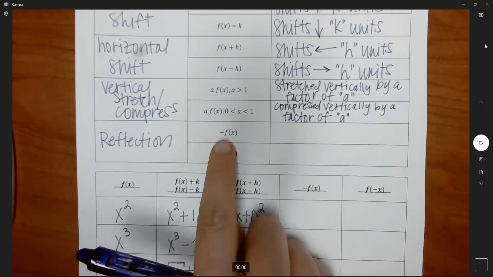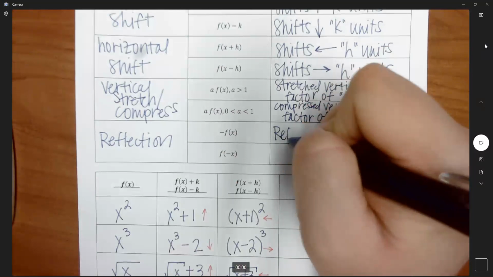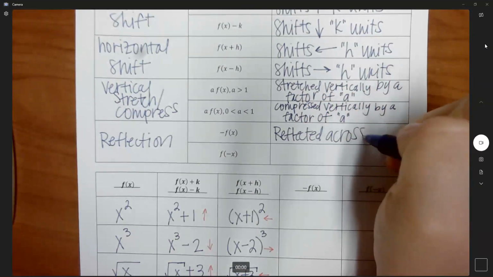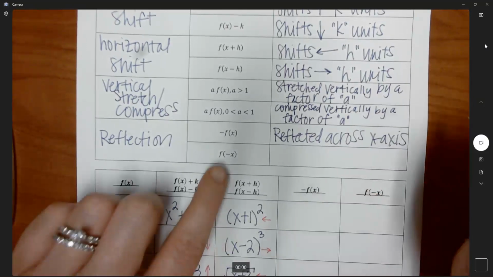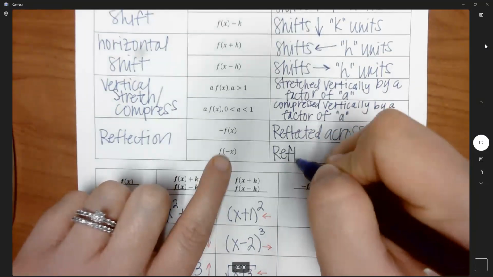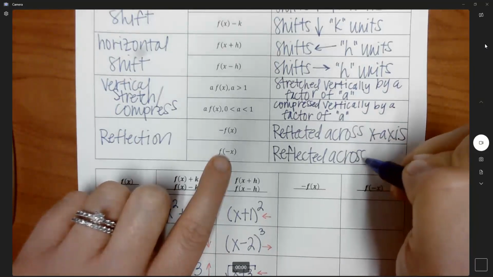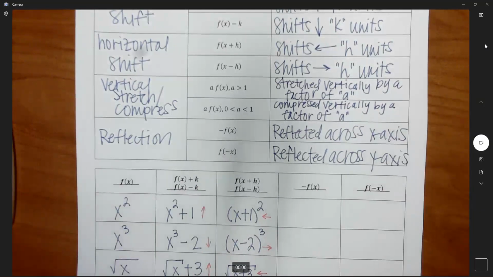When that negative is in front of the function, these have been reflected across the x-axis. And when that negative is inside, then it has been reflected across the y-axis.